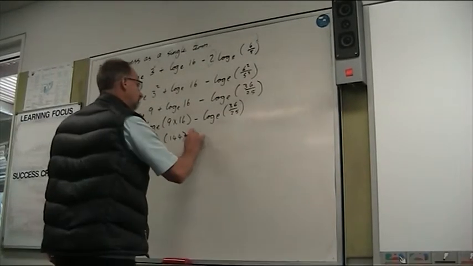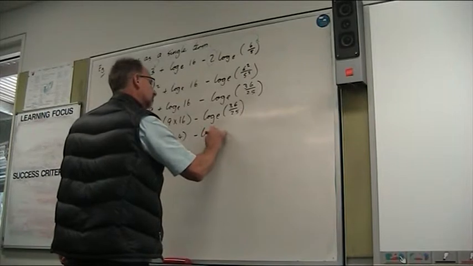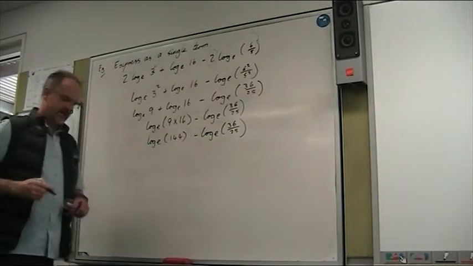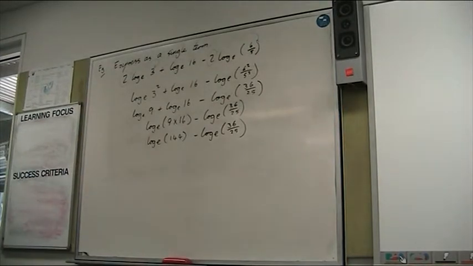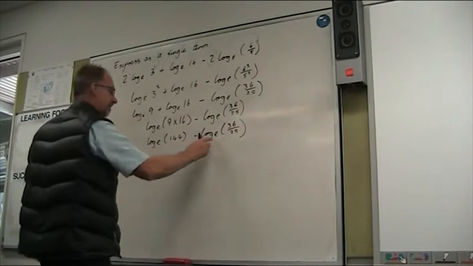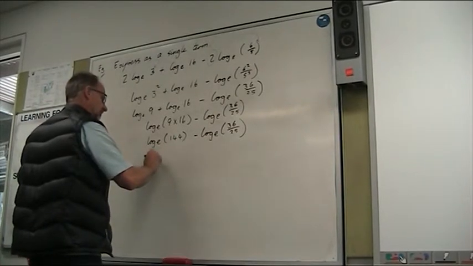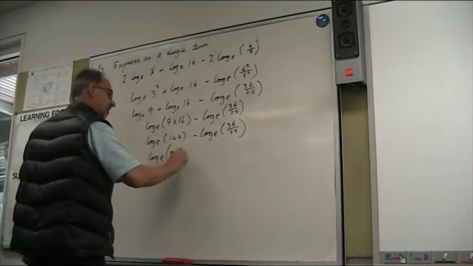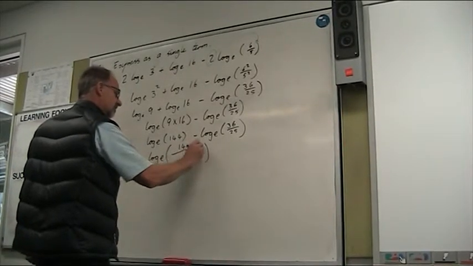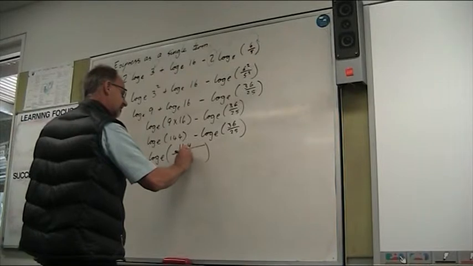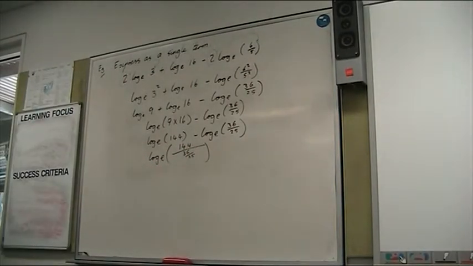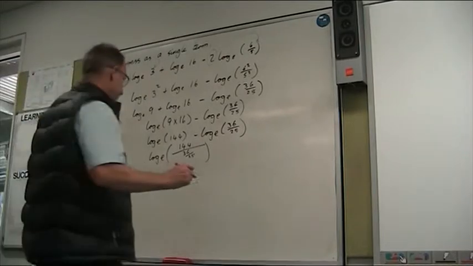All right. The second log law was about when you subtracted. When you subtract log to the base e, you can divide. So 144 divided by 36 on 25. When you divide by a fraction, you flip it and times it.